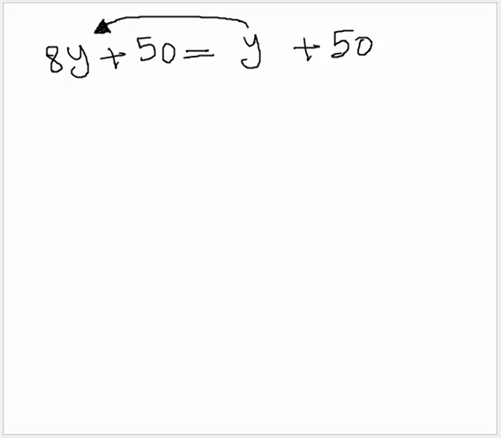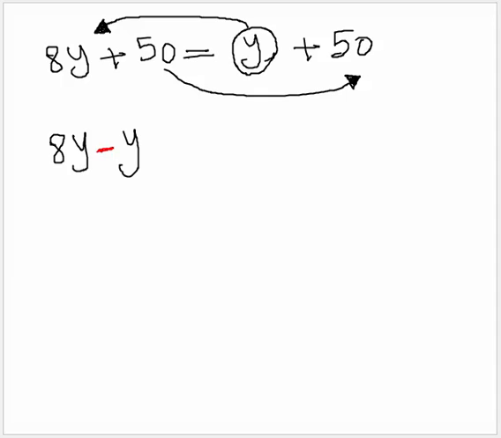You want to have all the y in one side of the equation, all the numbers to the other side of the equation. When you move terms around, their sign changes to its opposite sign. So in this case, 8y is on the left-hand side, still is on the left-hand side, but when I move this y from right to left, then it becomes minus y, where it was before plus y.